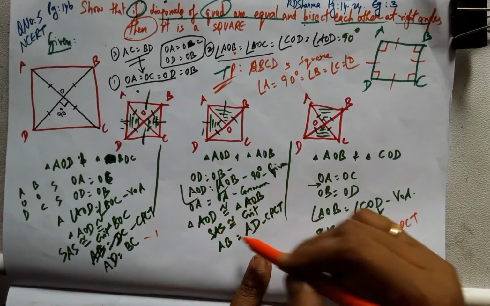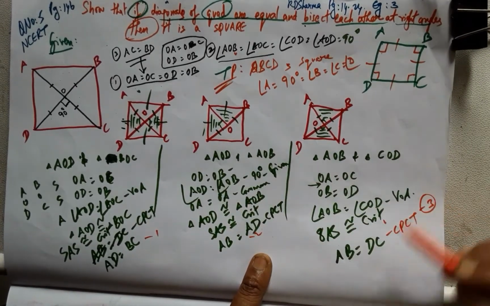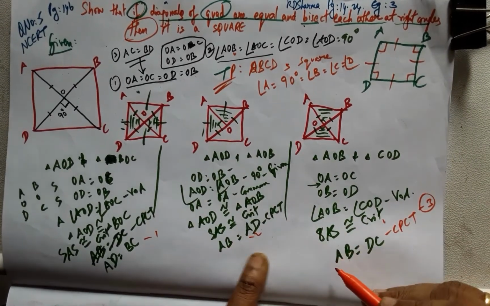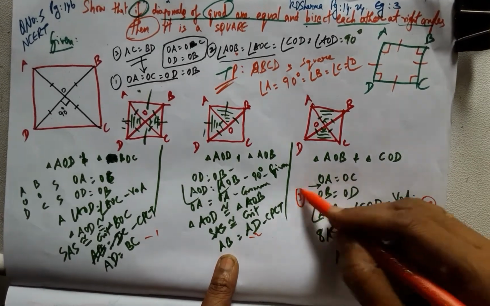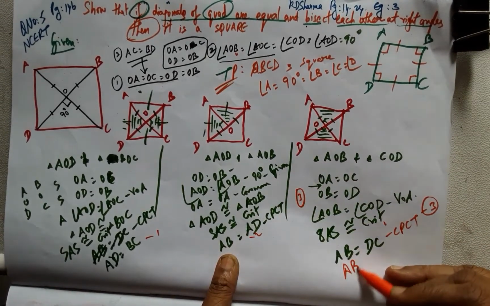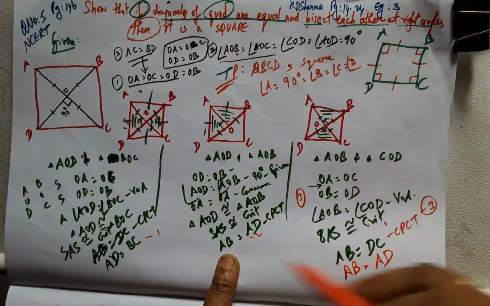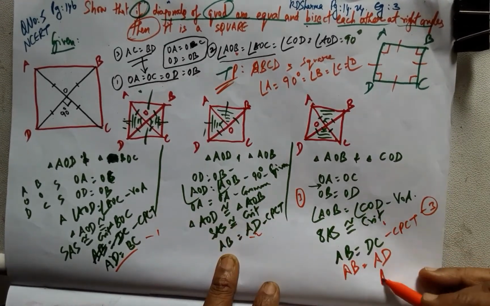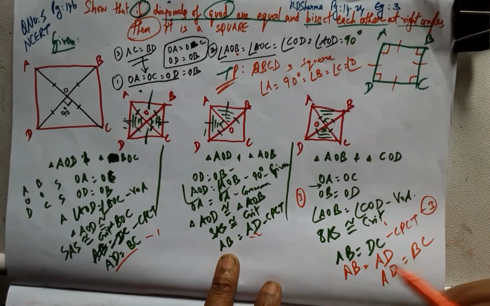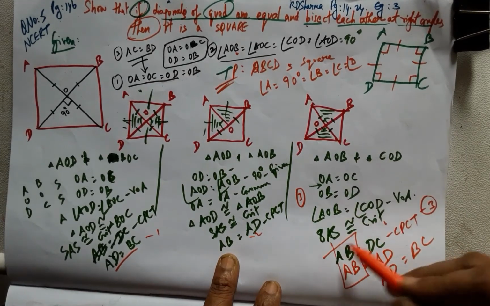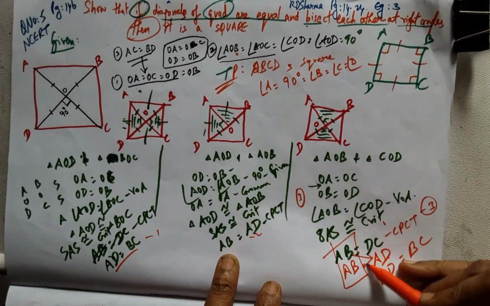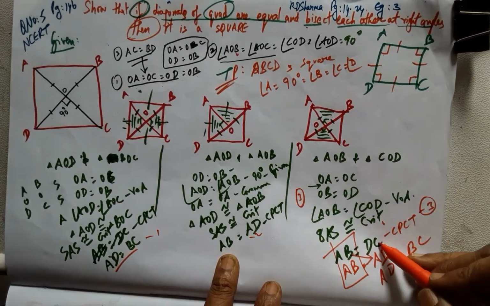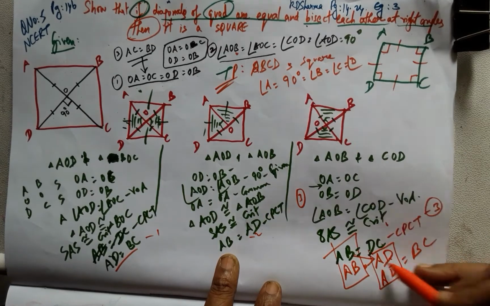Now this is 1, this is 2, and this is 3, and let me write down all the 3 in an assembly. AB equals DC, this is the third part, and here we have AB equals AD, and here we have AD equals BC. Things which are equal to the same thing are equal to one another, therefore AB equals AD as well as DC, and now AD equals BC.